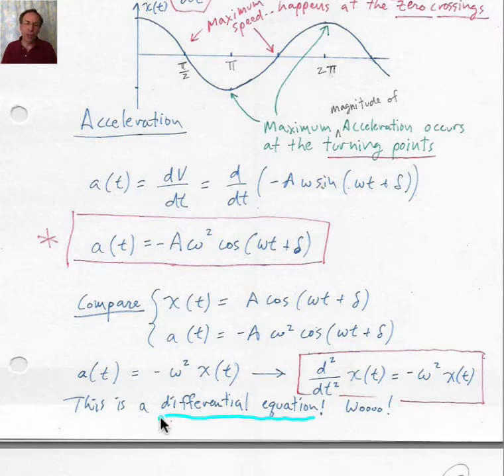And differential equations are very important to engineering and also to biology. For example, the spread of the coronavirus could be described by a differential equation, just like this. One of the important differences, though, is in biology, this would be a plus sign, not a negative sign. So a positive sign means exponential growth, and a negative sign here causes oscillatory motion.